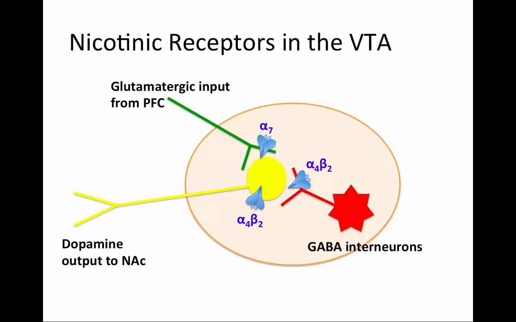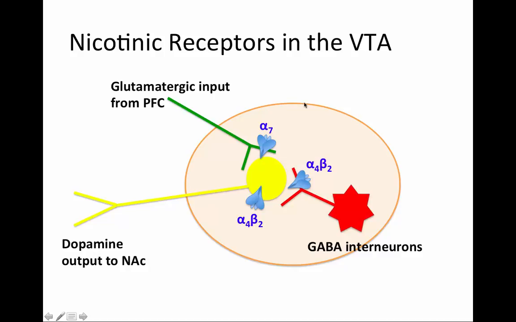If we magnify the VTA, we can see nicotinic acetylcholine receptors in the presynaptic location and the somatic location. These receptors on the dopamine neuron and on the presynaptic GABA neuron are alpha-4 beta-2 subtype. The receptors on the presynaptic glutamate neuron are alpha-7.